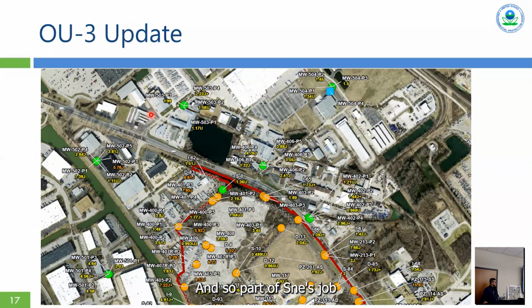And so part of the agency's job and the PRP's job is to look very closely at that, look at the statistics for background wells, and figure out how much naturally occurring radium is in these offsite downgradient wells when we're evaluating whether and what type of cleanup has to occur.